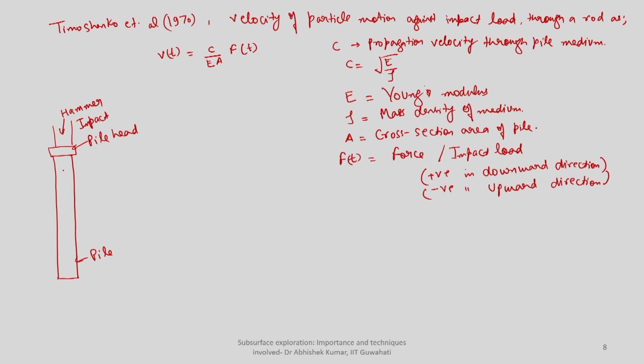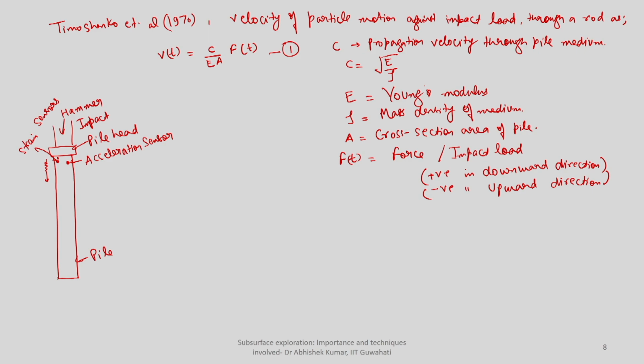Now, as a result of this hammer impact, what will happen? There will be a shock wave generated here and it will start traveling downward. What are we detecting? We are putting some acceleration sensors, and in the same way we will be detecting with strain sensors as well. Now, this is equation 1 which I told you.